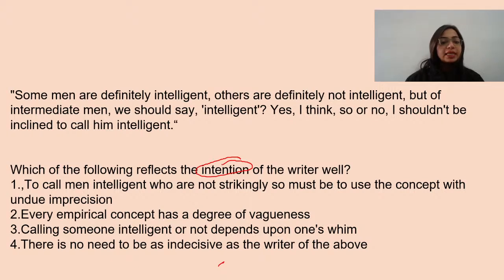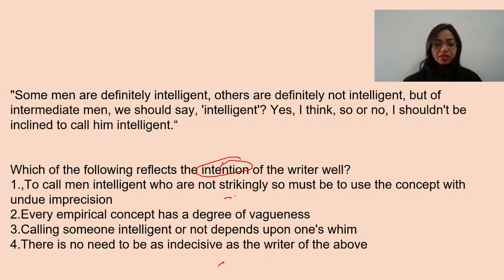To call men intelligent who are not strikingly so must be to use the concept with undue imprecision. Yes, this seems like an answer to me. Let's see 2. 2 says every empirical concept has a degree of vagueness.